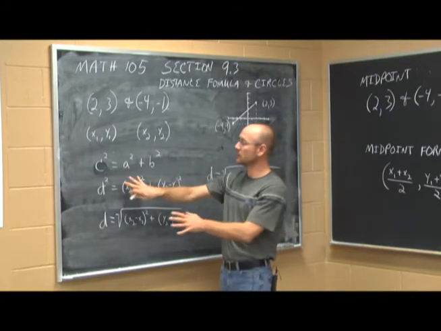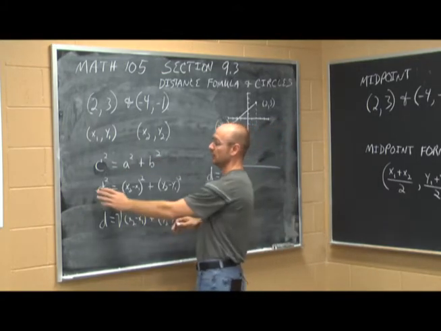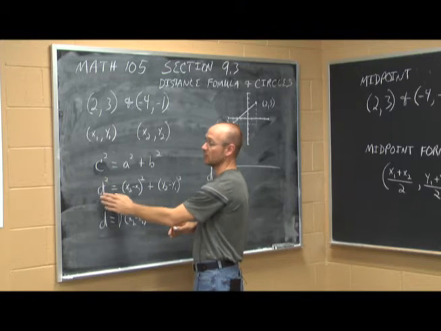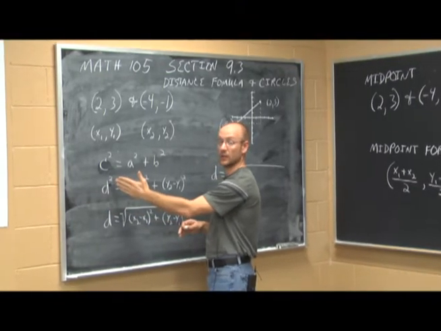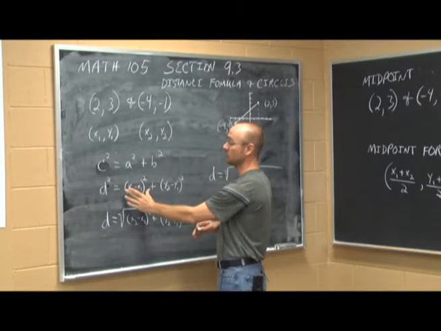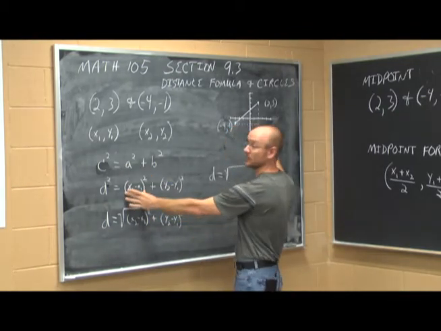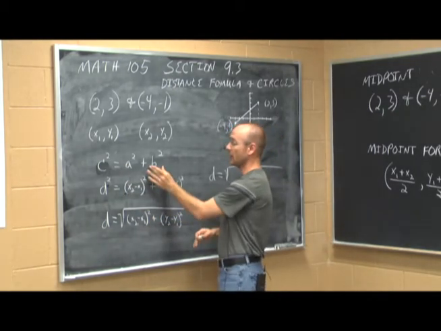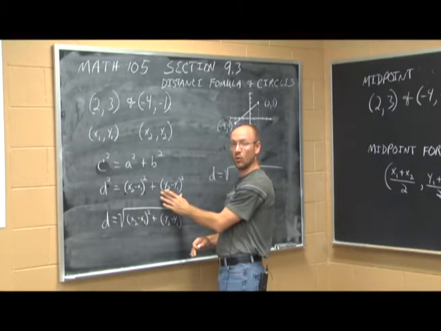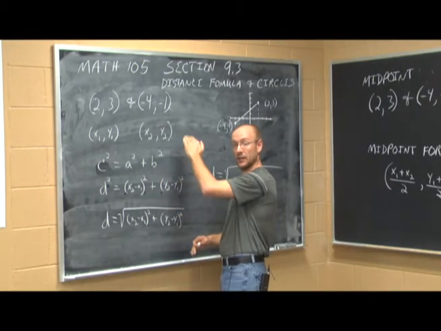So essentially, instead of c squared, I'm looking at my distance squared, which equals the change in x as my a squared, maybe the base of my triangle, and the b squared is my change in y, the height of my triangle.